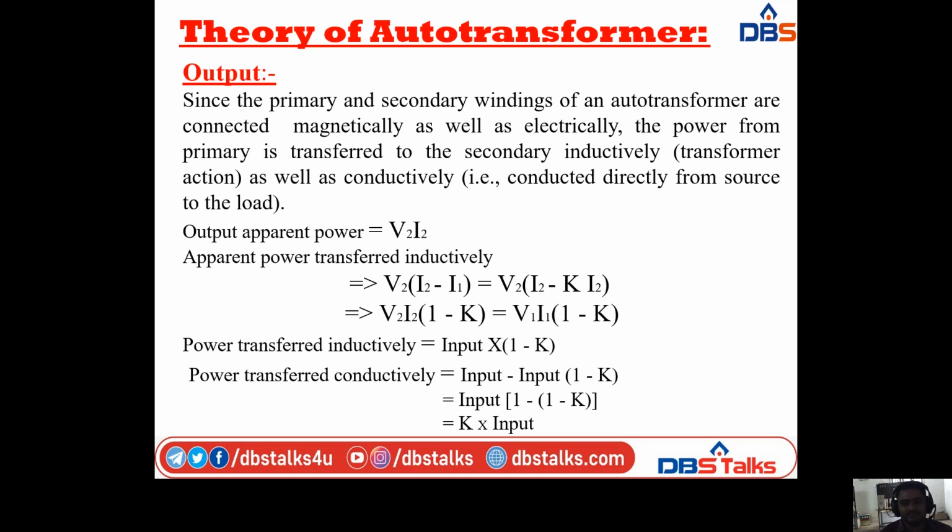So this is V2 I2 into (1 minus K), that is equal to V1 I1 into (1 minus K). So the power transferred inductively is the input power into (1 minus K).